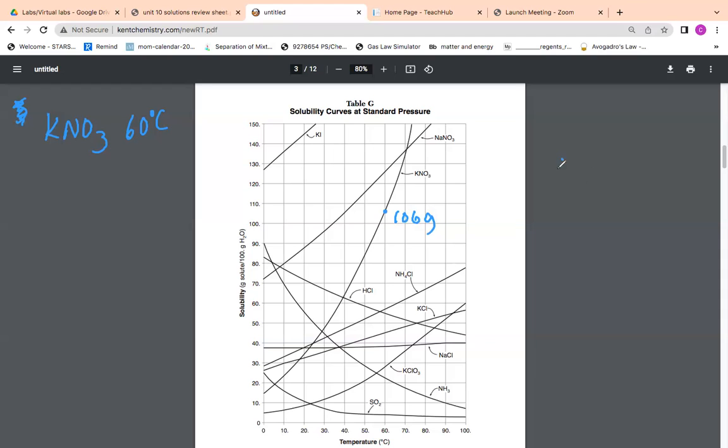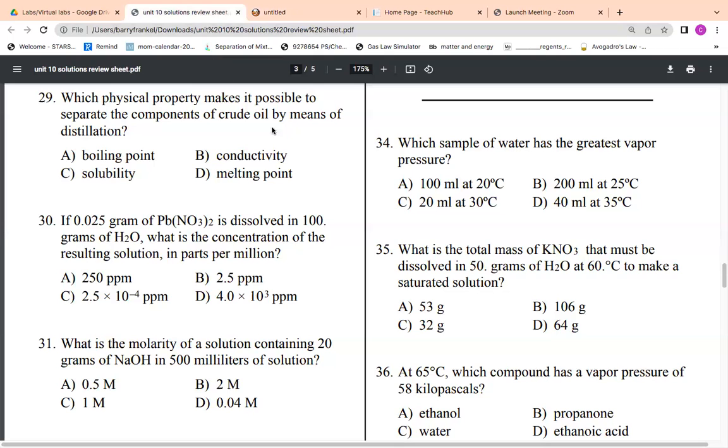Okay, so at this temperature and in 100 grams of water, to make a saturated solution, we would need 106 grams of it. However, they're asking how much would we need in only 50 grams of water? So that's half of this. So it's also half of this. So you divide by 2, and we would get 53 grams. So that would be, for question number 35, choice A.